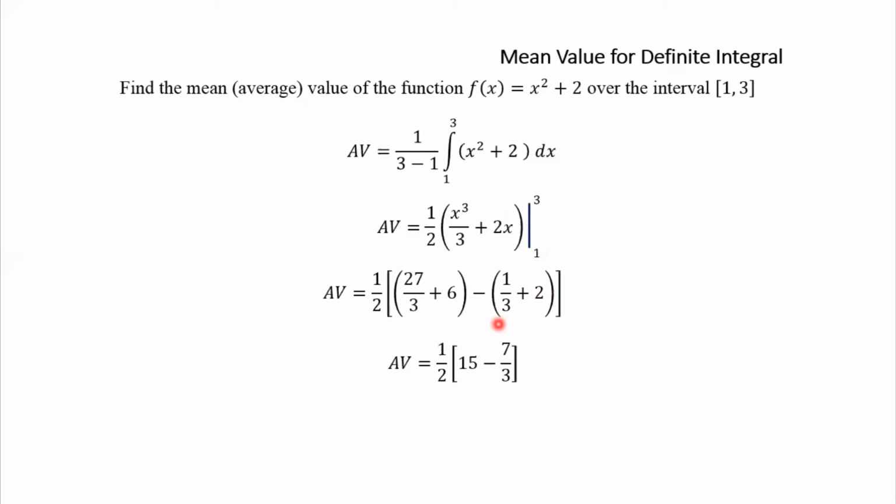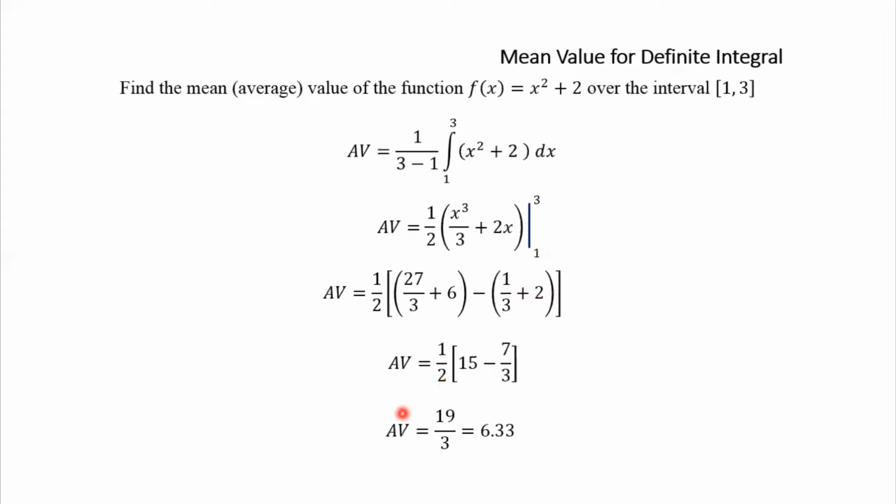Then simplify. We have 27 divided by 3, which is 9, plus 6, which is 15, minus 1/3 plus 2, which is 6 plus 1 over 3, or 7 over 3. Then simplify.